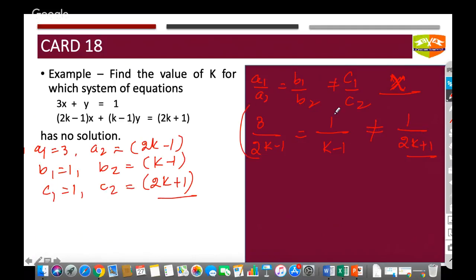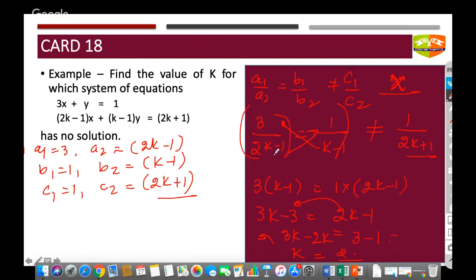So if these two are equal, let me equate it. Let me cross multiply it. 3 into k minus 1, 1 into 2k minus 1. So this becomes 3k minus 3 is equal to 2k minus 1. So this gives me 3k minus 2k is equal to 3 minus 1. So k comes out to be equal to 3 minus 1, 2.